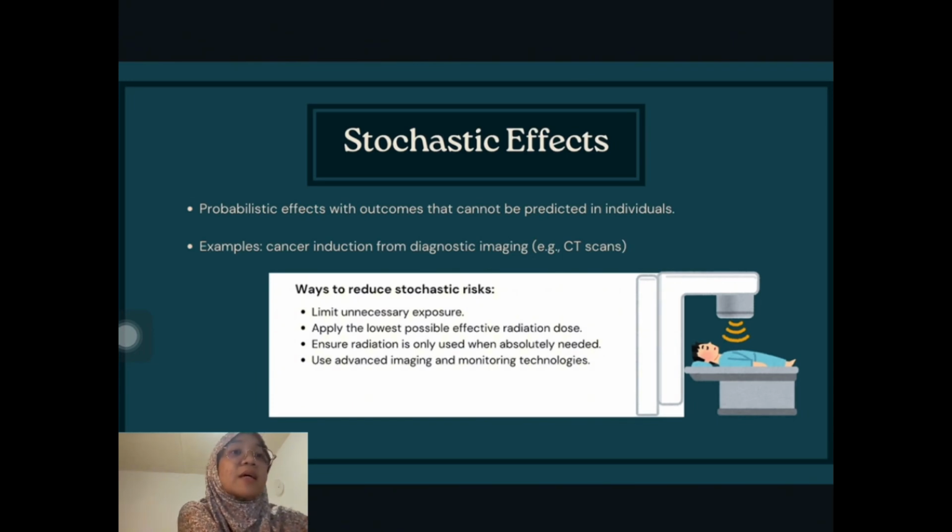So we expose them with a dose as low as possible. The third is to ensure radiation is only used when absolutely needed. We cannot just expose them without very specific reasons. And also by using advanced imaging technologies, because there are a lot more technologies these days.